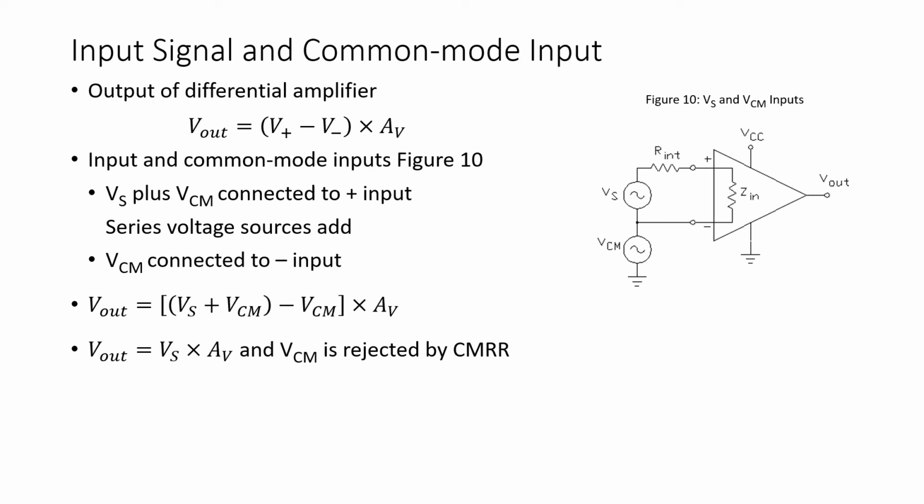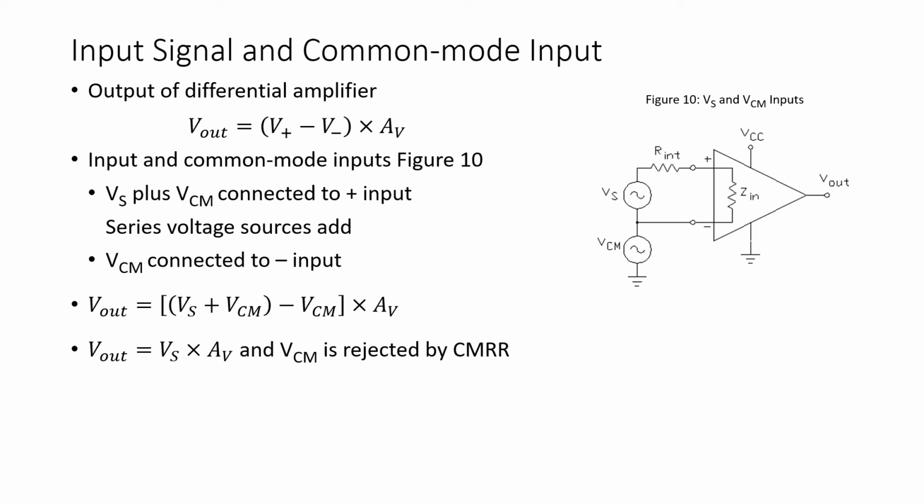Now with our differential amplifier, what we want to do is to be able to amplify some source voltage, shown in Figure 10 as Vs, and also be able to reject the common mode signal that would appear in our system.